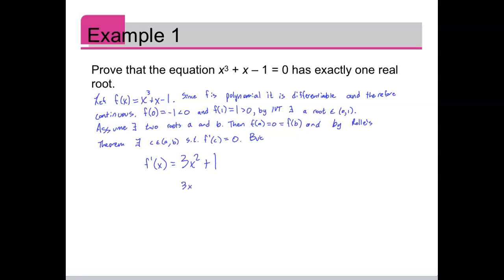So if I set 3x squared plus 1 equal to 0, I get 3x squared equals negative 1. X squared is negative 1/3. And then when I take the square root, I get back imaginary values. So there are no real solutions to that equation. So what I can say is that f prime of x equals 3x squared plus 1 is greater than 0 for all values of x.